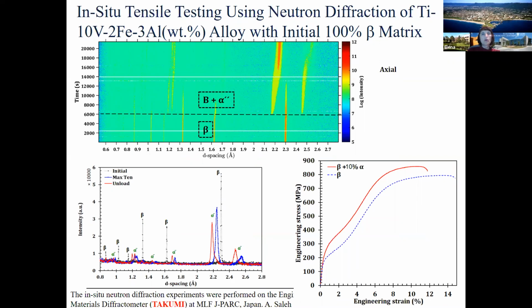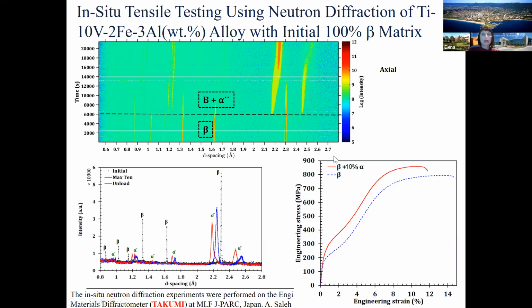And if we do neutron diffraction studies, for example, we're getting bulk information. Here we have pure beta initial microstructure and alpha double prime forming after reaching the triggering stress required for its formation.